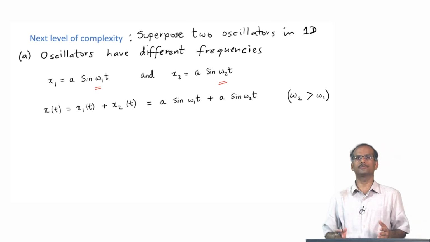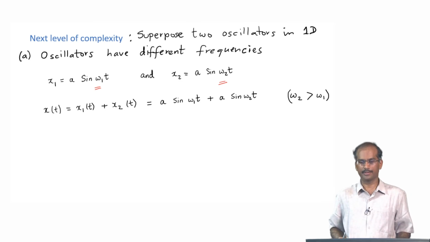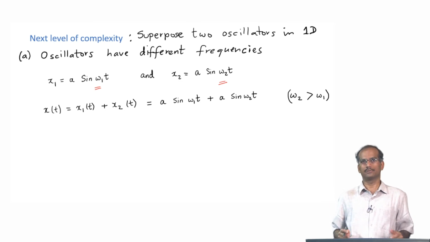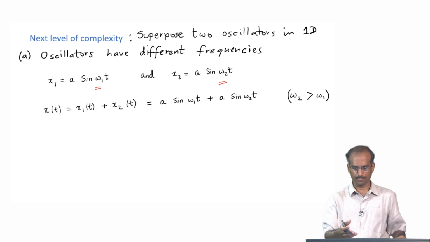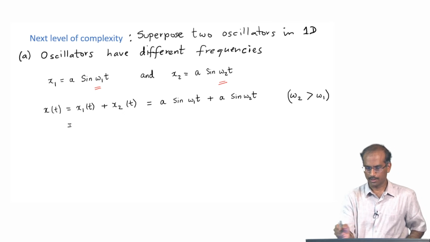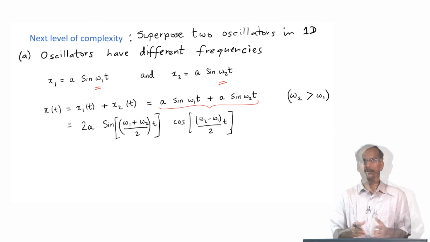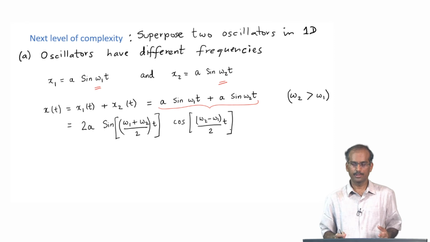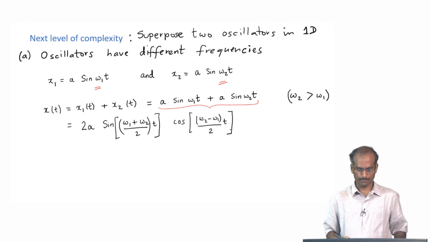Now, we will use again another trigonometric identity. This time we will use the sin A plus sin B formula to resolve this. If I do that, I could rewrite this expression differently. All I have done is to simply use the sin A plus sin B formula.